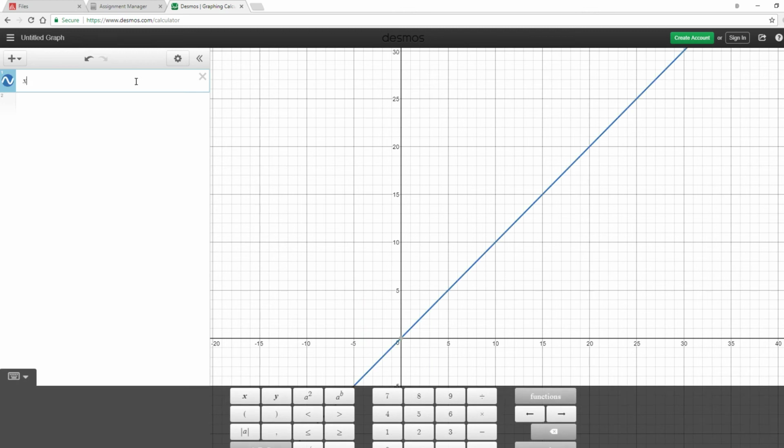So my function is x root, and let's double check that. I think we have 4 minus x squared. All right.